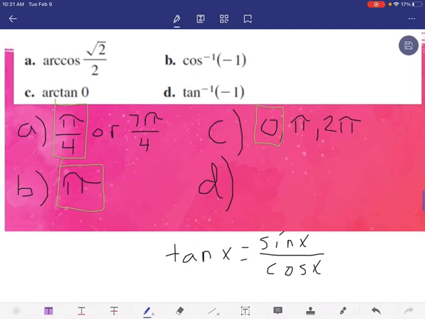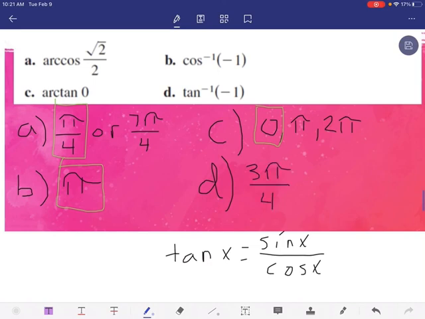But we know that in our first quadrant at pi over 4, they're both positive, so tangent would also be positive. In our second quadrant, sine is positive, but cosine is negative. So we know that in our second quadrant, tangent would be negative as well. So we want to think, what angle in our second quadrant has a reference angle of pi over 4? Well, that would be 3 pi over 4.